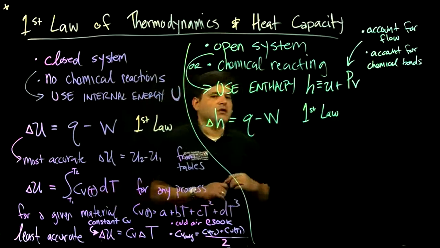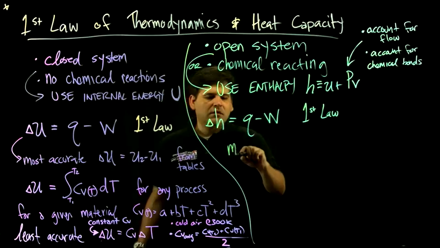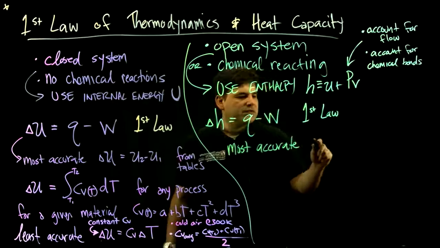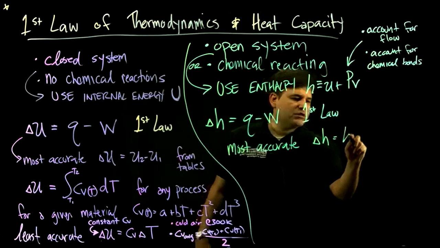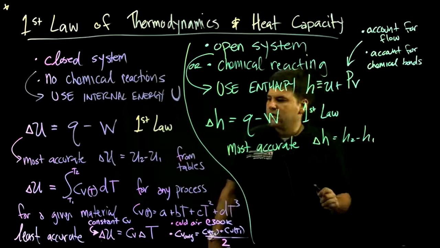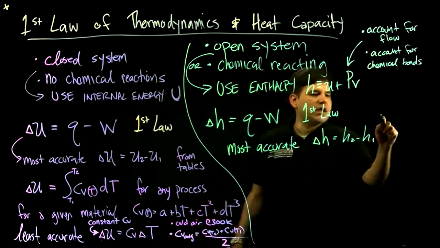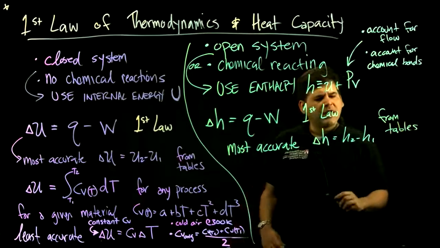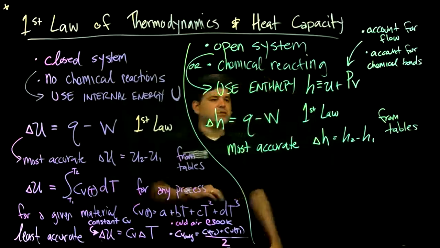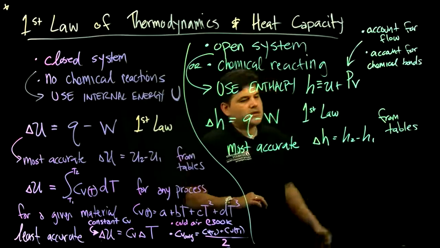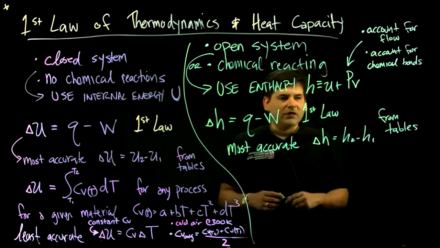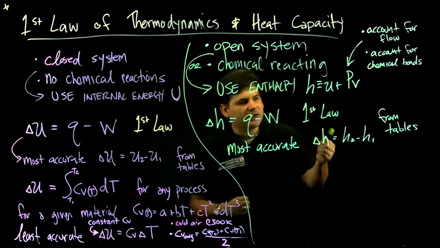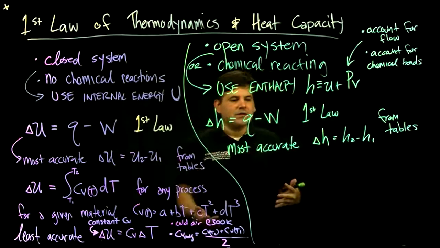Then, similarly, the most accurate way to find enthalpy change would be to say simply delta H equals H2 minus H1, where we'd use values from tables like we have done in steam tables, air tables, and refrigerant tables. And this is a whole process which we have done for steam, and depending on the assumptions you make, like the ideal gas air tables, all you need is temperature.